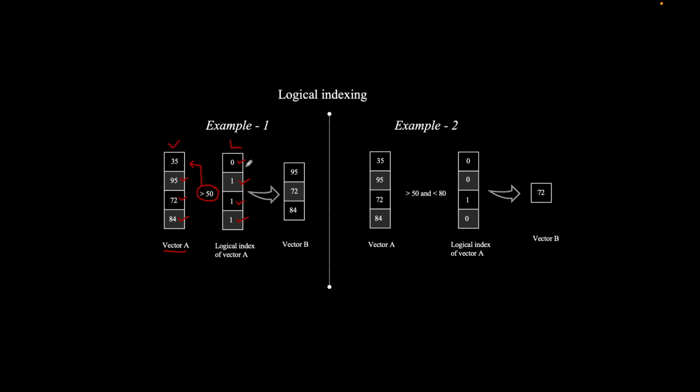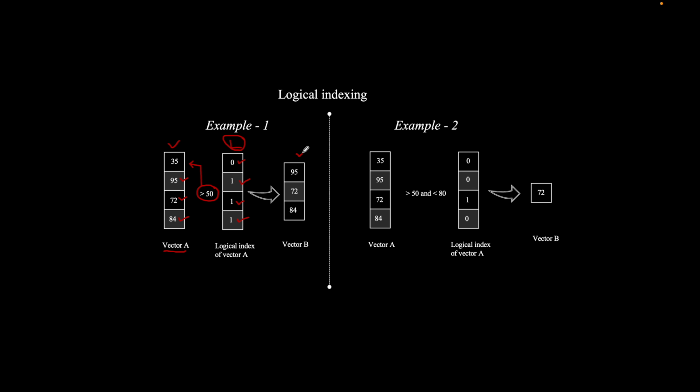Now if you use this logical index L, wherever I have 0, I will not take those elements, and wherever I have 1, I will take those elements. So 95 I can take, 72 I can take, and 84 I can take.